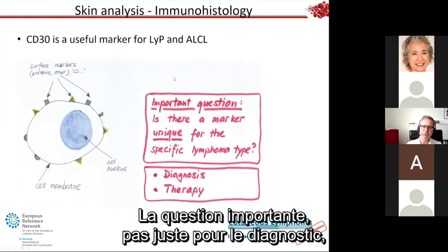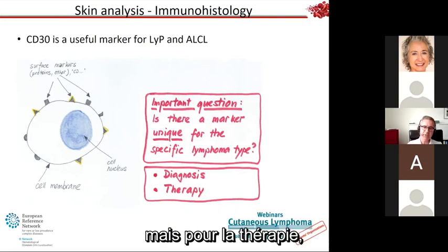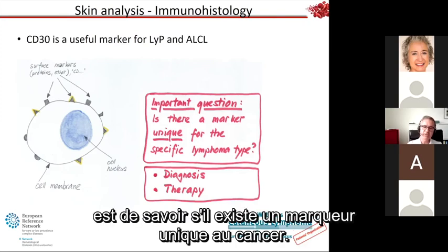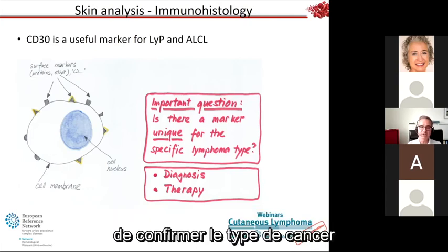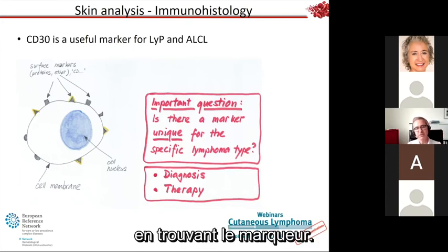So the important question, not only in a diagnostic way, but also in a therapeutic way, is: is there a marker that is unique for the cancer? If we have a unique marker, then by finding this marker on a cell, we can positively confirm this is this type of cancer.